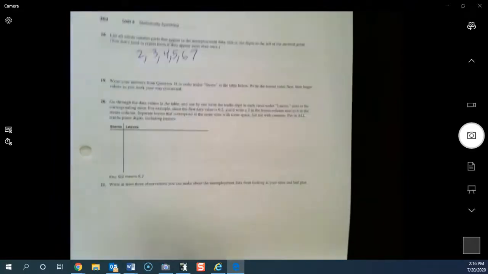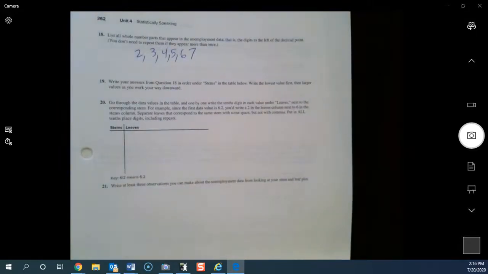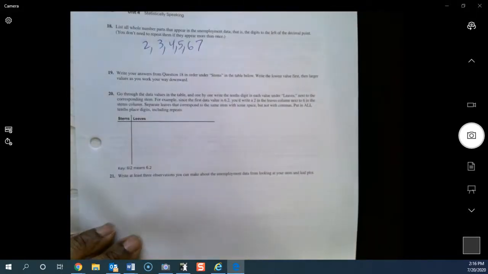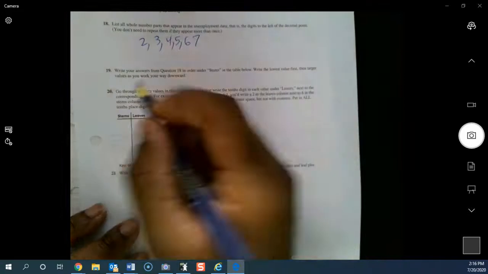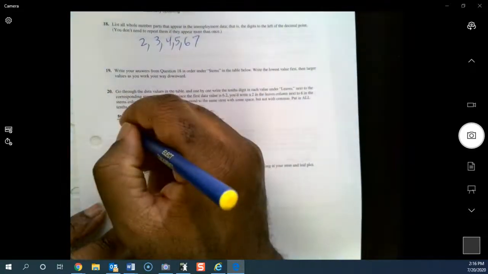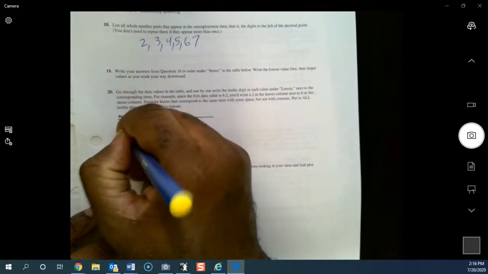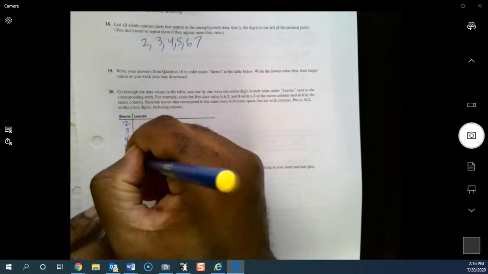Okay, now we go here to 19. It says, write your answers from question 18 in order under stems in the table below. Write the lowest values first, then larger values as you work your way downward. Okay, so for 19, we'll write 2, 3, 4, 5, 6, and 7.